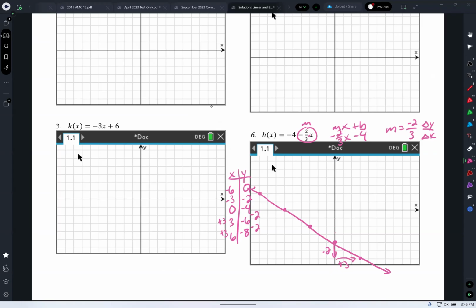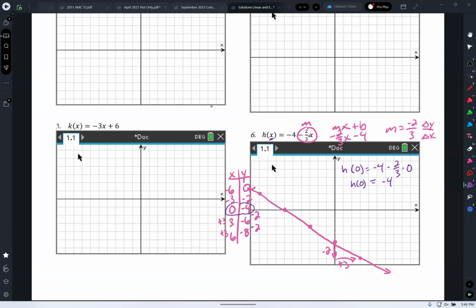What I would also point out is if I were to look at m of 0, or h of 0, you can always substitute inputs in and get outputs out. 0 has taken the place of that x, so I'm substituting 0 in for x. And if you simplify this expression, I get -4. 0 is mapping to -4.